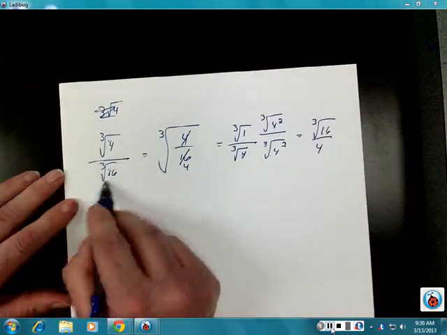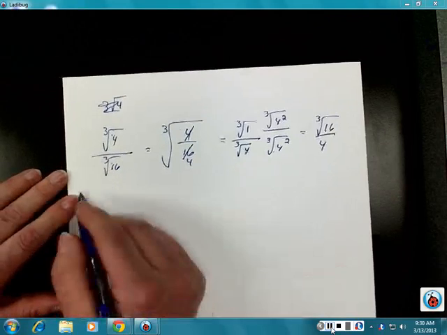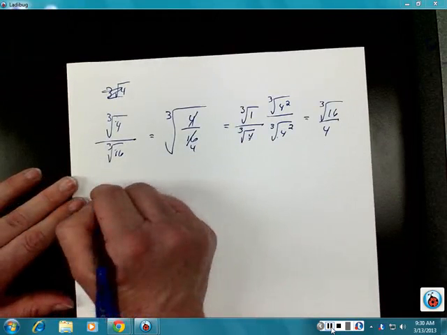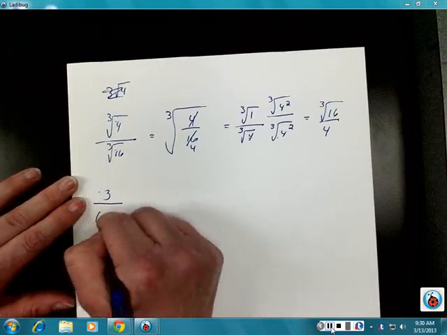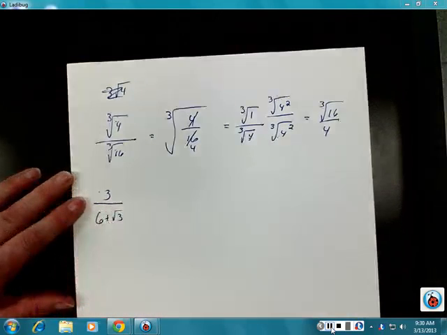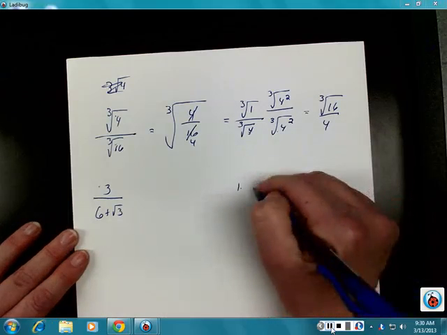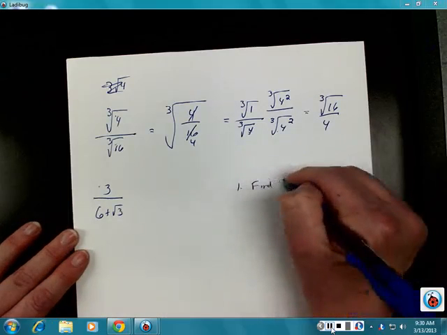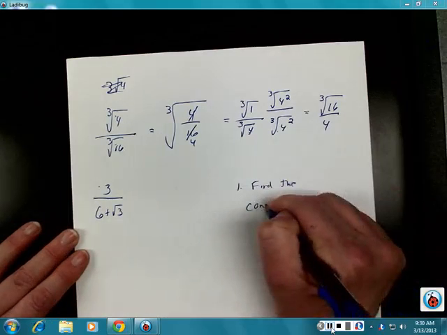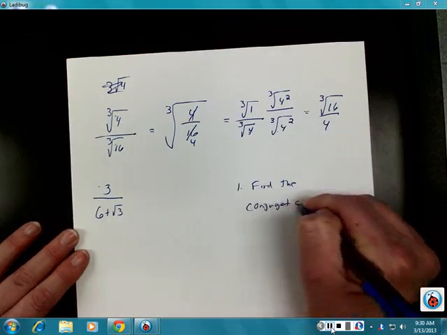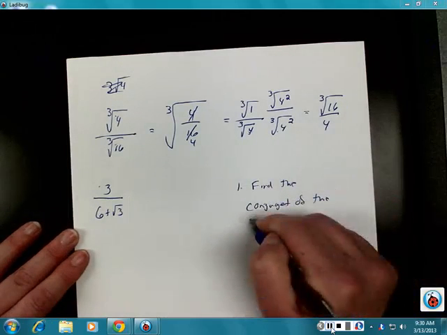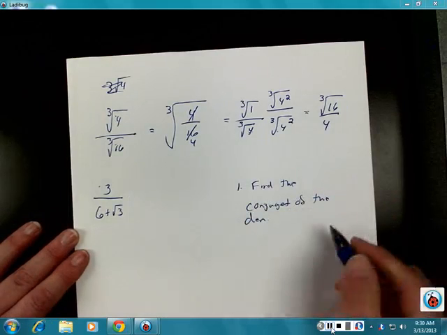The last kind that's in here is when your denominator is not a monomial, and these are only with squares. They never give you cubes. And these are what we end up using the conjugate on. So find the conjugate of the denominator.